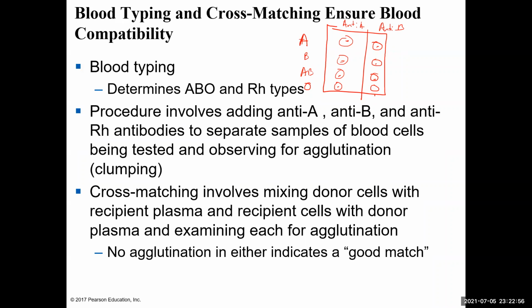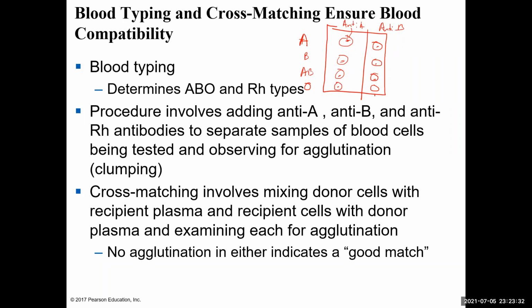So if, say for example, you put antibody A in this well and it's type A blood, you would expect it to agglutinate and clump because it had the antigens for A, right? Whereas if it was antigens for B, then it wouldn't associate with the A. Or the antibodies for B, it wouldn't associate with the antigens for A.